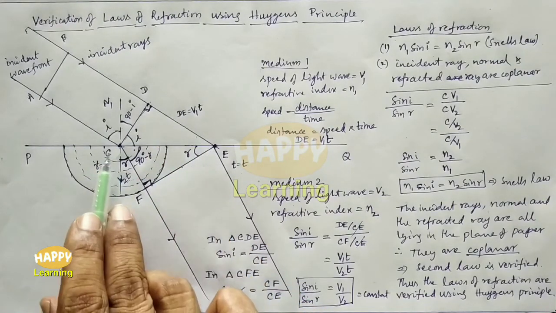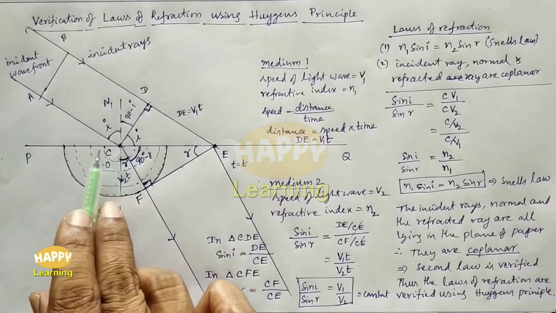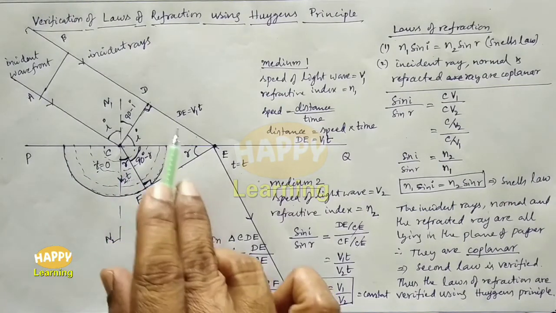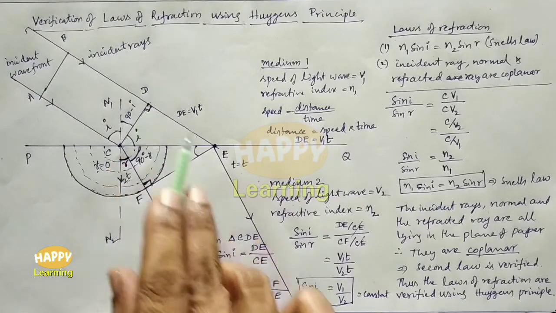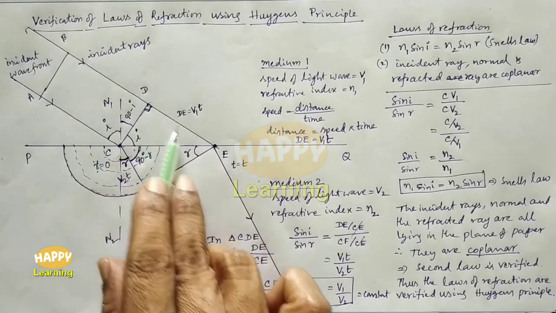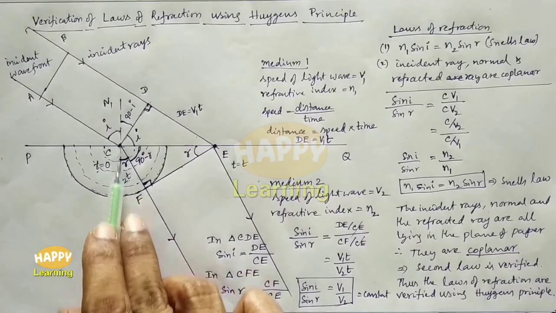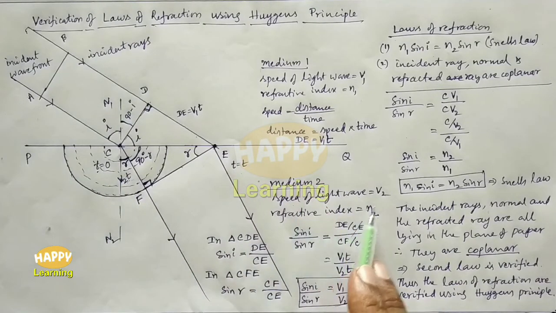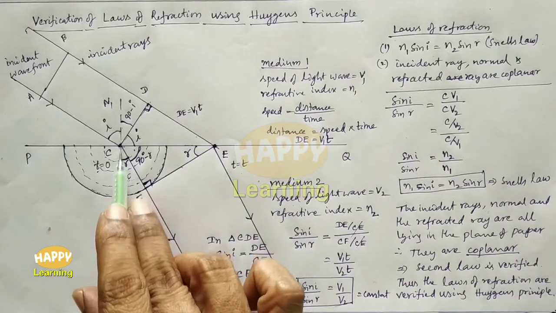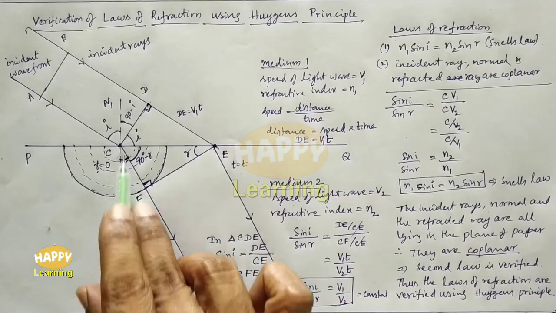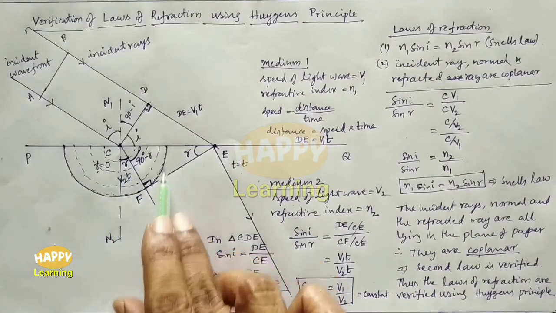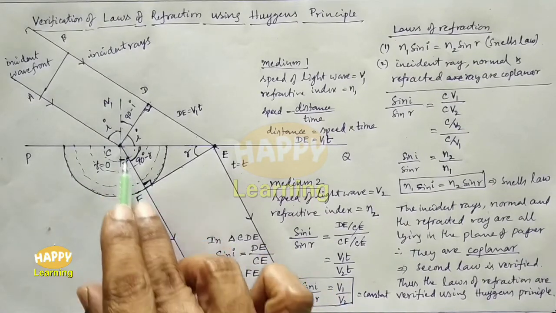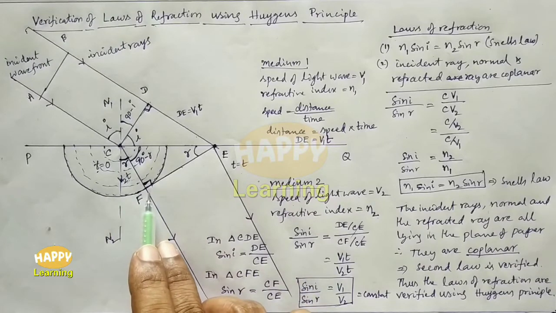By that time, this point C emits secondary wavelets. So when this ray touches point E in t seconds, this secondary wavelet travels a distance v2t. Here the speed of light is v2, therefore it travels a distance v2t. So I have drawn a secondary wavelet with a radius v2t.